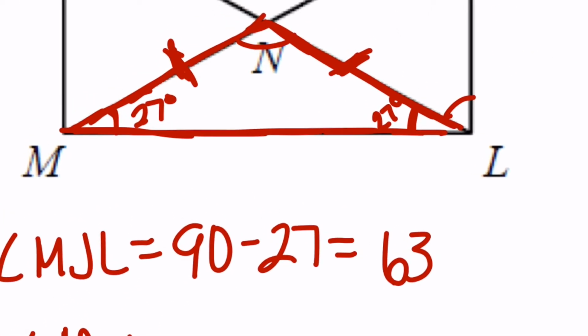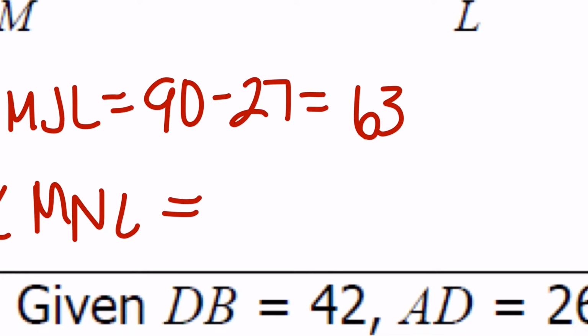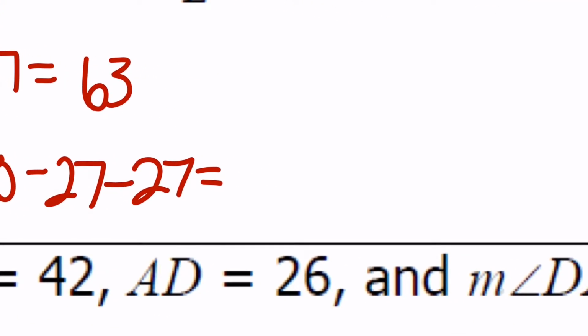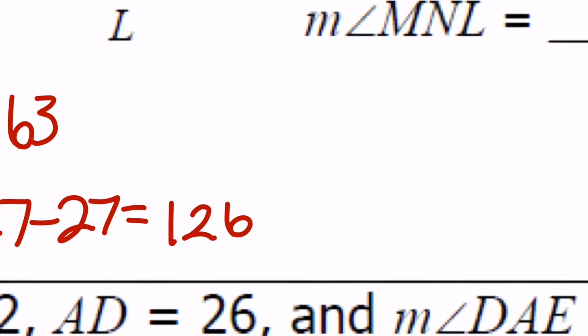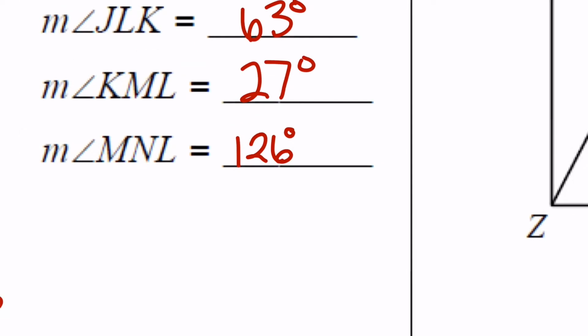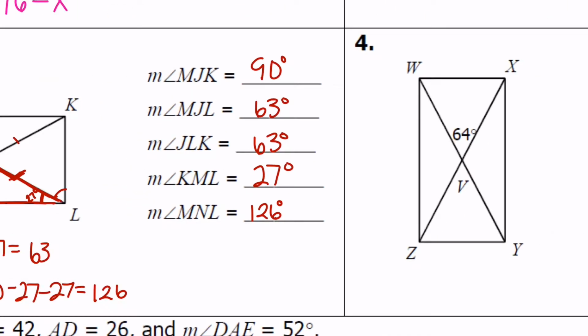Since I formed this triangle here, and I know 2 of the 3 angles, I can take 180, since all the angles of a triangle add up to 180, minus 27, and that's going to tell me the measure of angle MNL, which ends up being 126. And that's all of the angles it's asking for the rectangle.